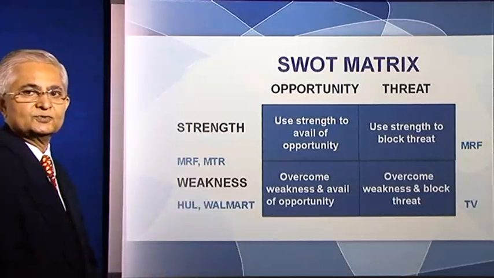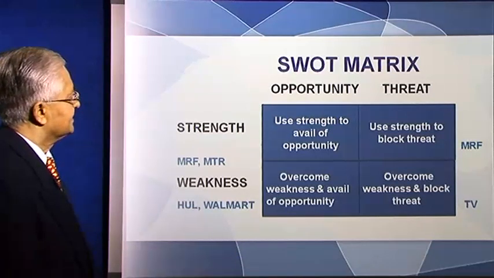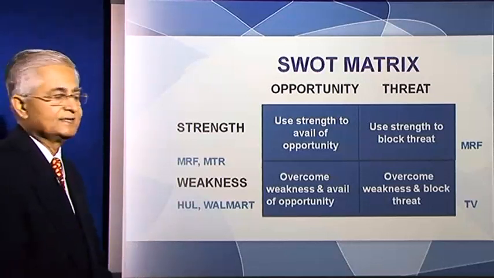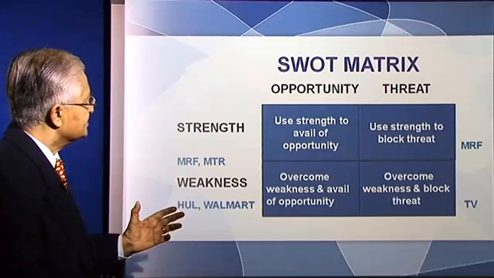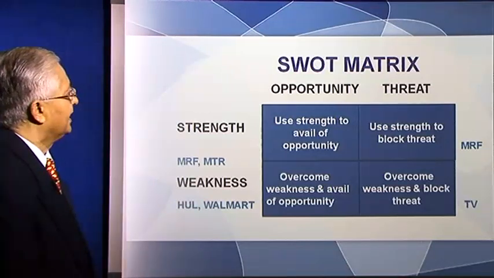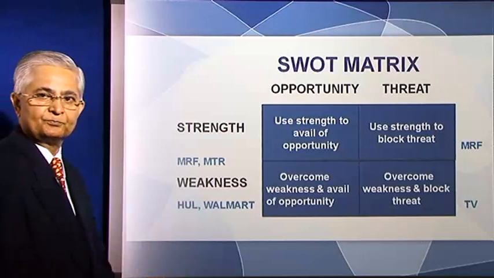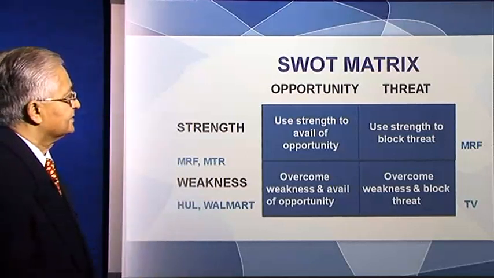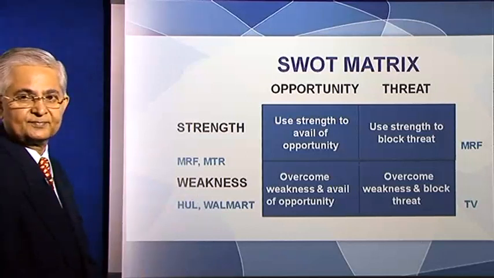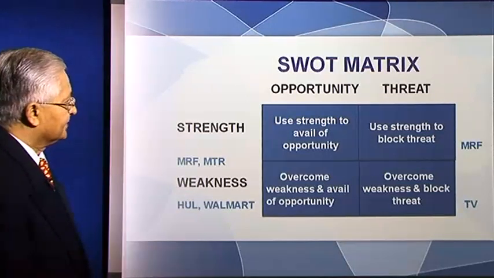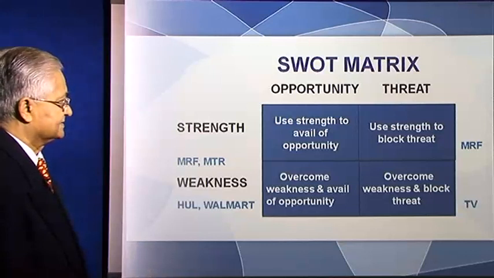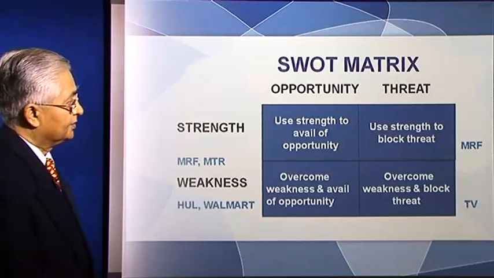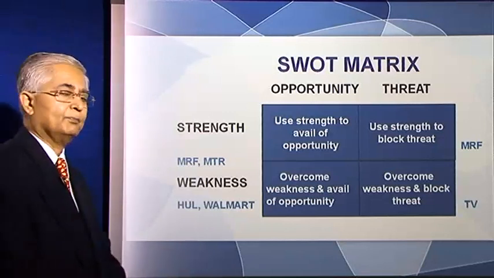The SWOT approach is to look at strategic options which arise when you use your strength to avail of an opportunity, or you use your strength to block a threat, or you overcome a weakness to avail of an opportunity, or you overcome a weakness to block a threat.